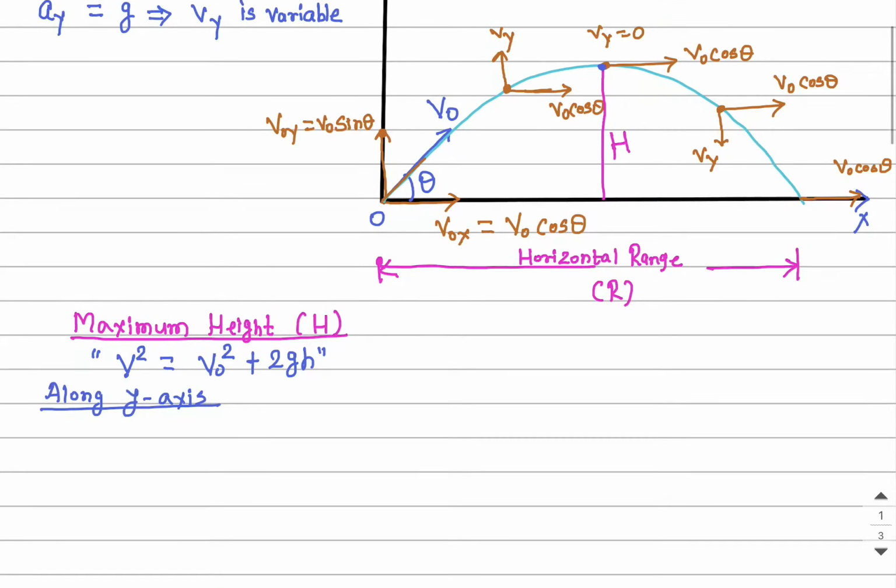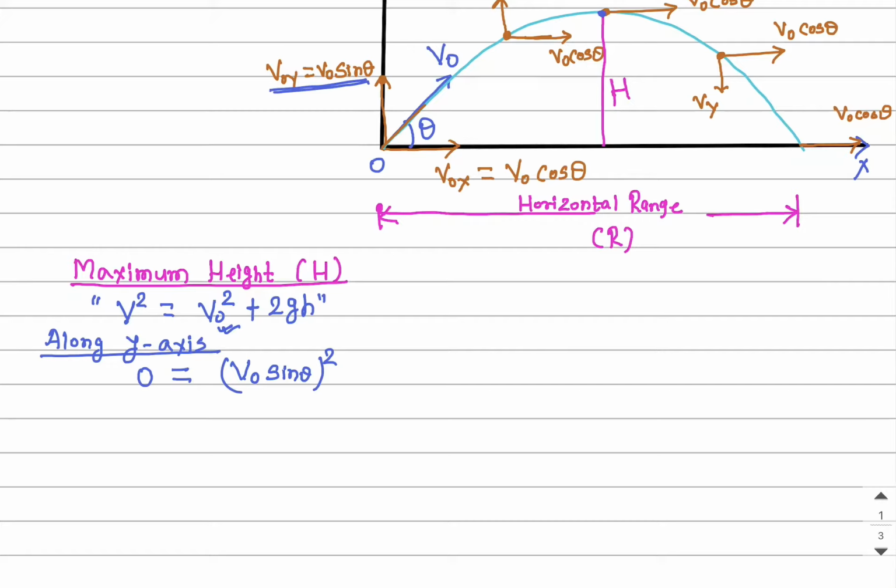Then I can write it as v0 sine theta, and we have a square. As the particle is going upwards, the velocity is decreasing. That means you have a negative acceleration. So just write down 2g, and when it reaches the peak, we call that height h.